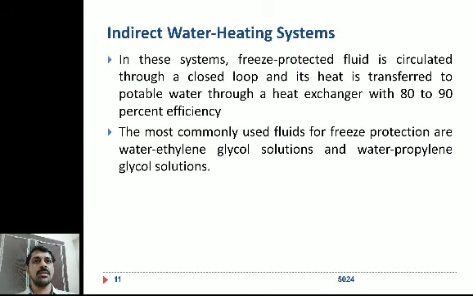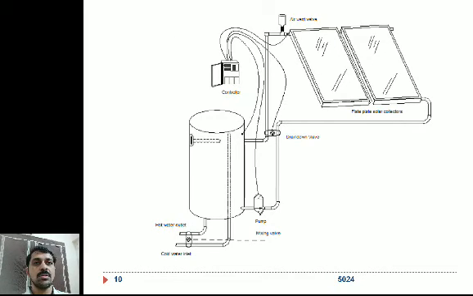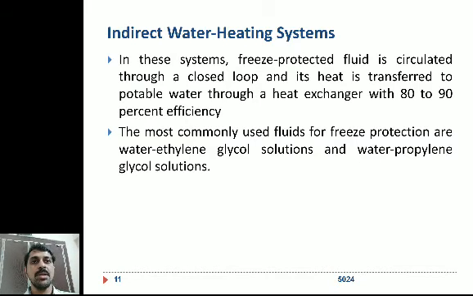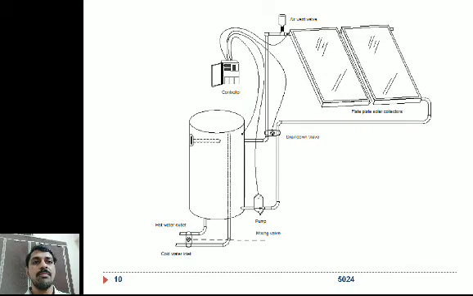The fourth category is the indirect water heating system. Freeze protected fluid is circulated through a closed loop, and its heat is transferred to potable water through a heat exchanger with 80 to 90% efficiency. So in the previous system also, the storage tank could be replaced by a heat exchanger.